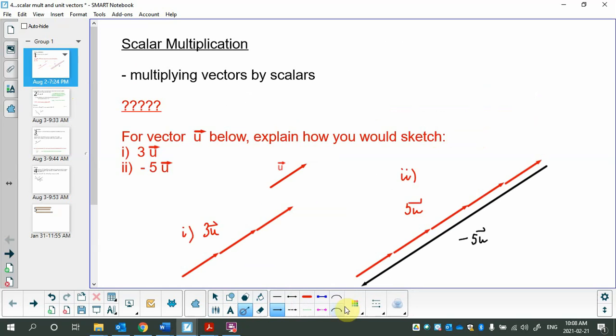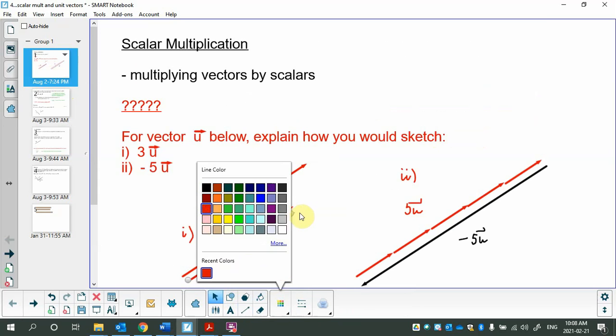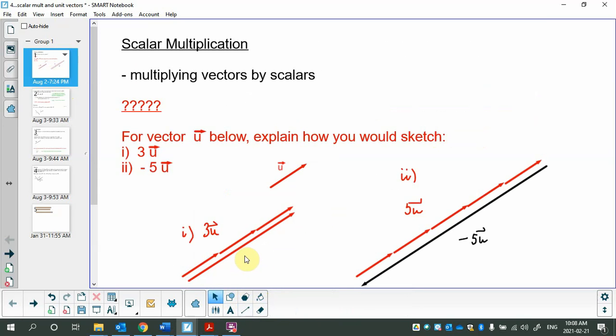So this example, A, there is vector 3u, as best as I can draw it. And I'm going to turn it into a red vector so that it matches. So because 3 was a positive value, that means that 3u is going in the exact same direction as u was originally.